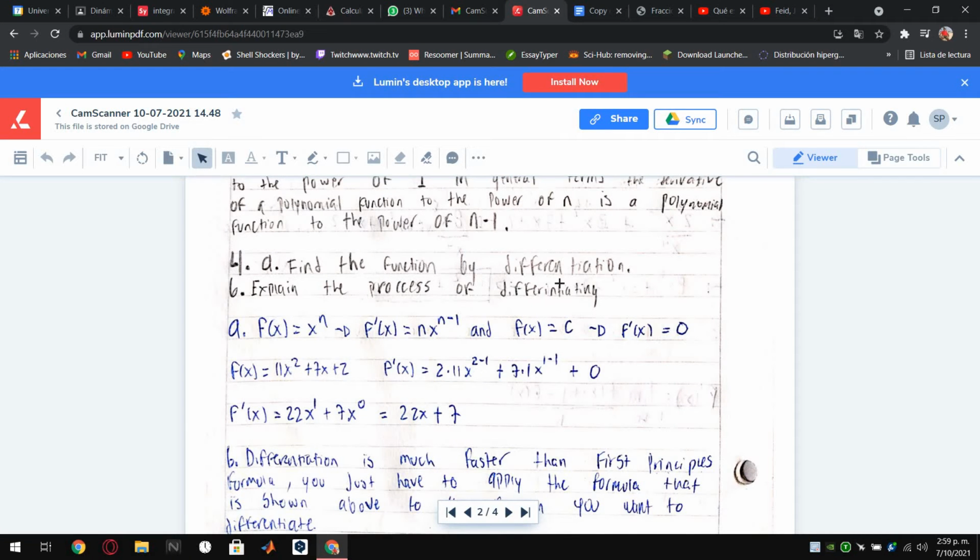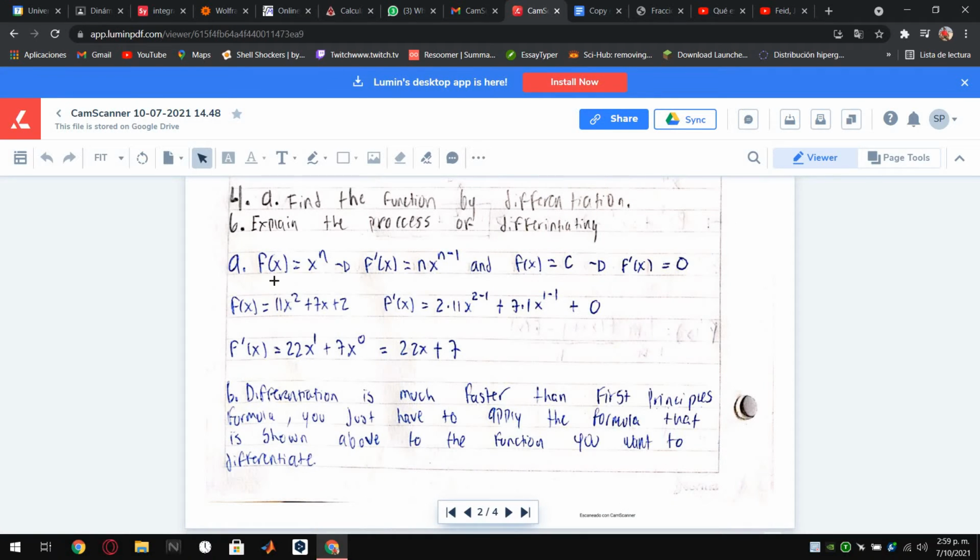That's that explanation. Then you have to find out a derivative using the differentiation formulas and explain it. So for a polynomial function that is shown in this form, x to the power of n, the derivative is n times x to the power of n minus 1. And also you have that the derivative for a function that is constant is going to be 0 every time.